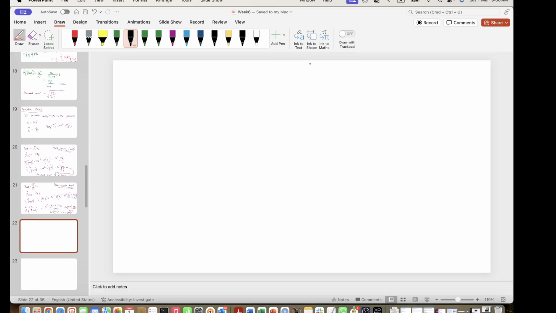I'll make subsections: one will be proportion p or y bar, and one will be total y. So y bar hat is actually small p.